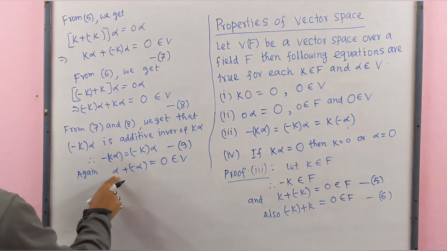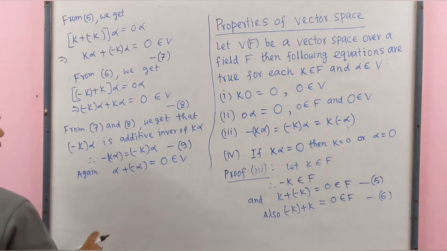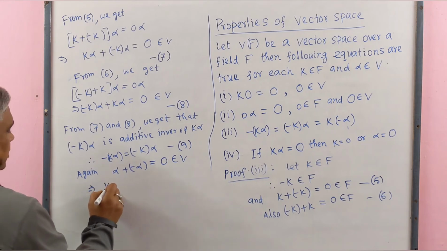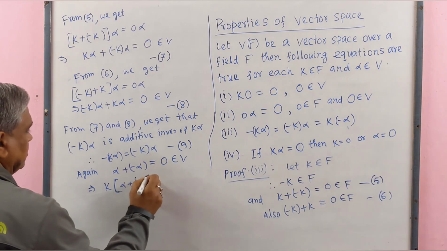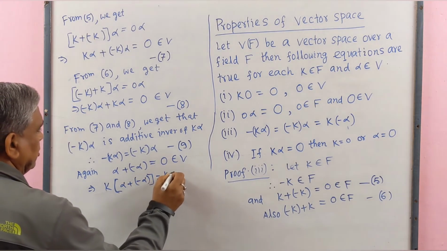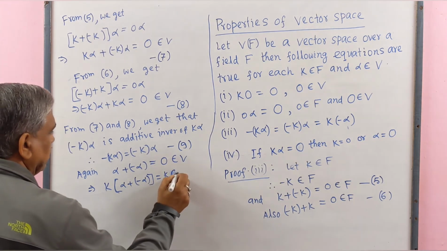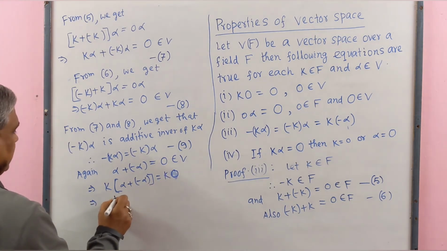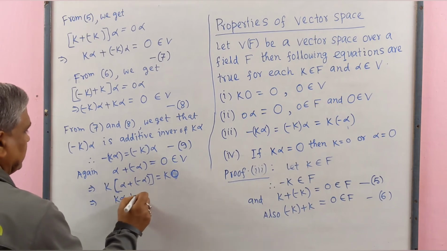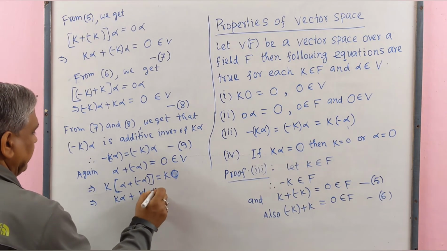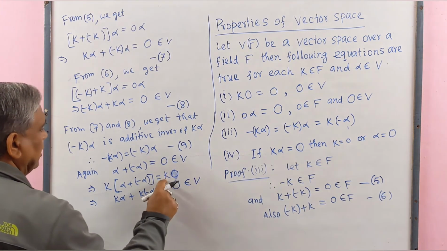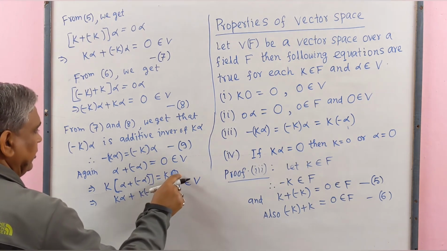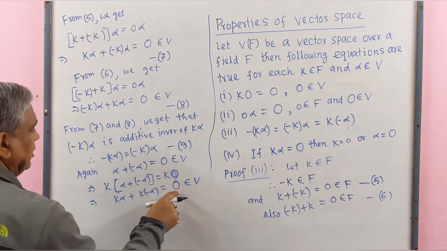Since alpha belongs to V and minus alpha also belongs to V, it implies that k (alpha plus minus alpha) equals k0 vector, which implies that k alpha plus k (minus alpha) equals 0 vector, since a scalar from the field times the 0 vector gives the 0 vector.